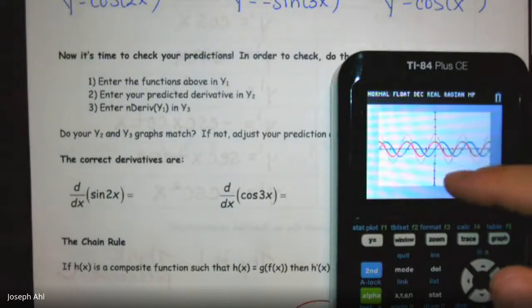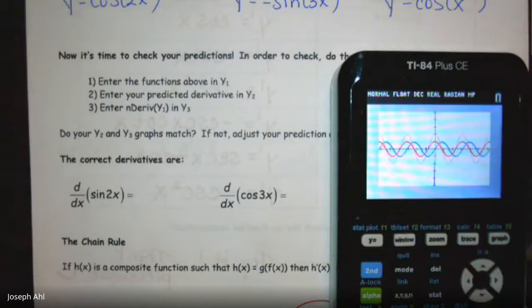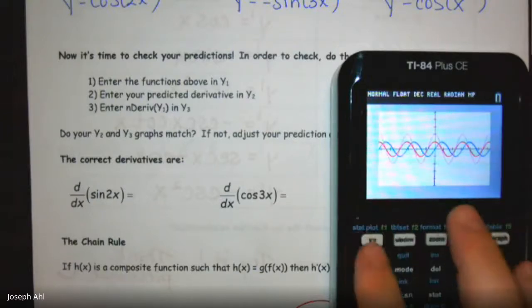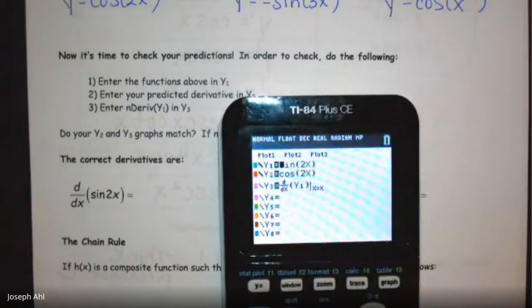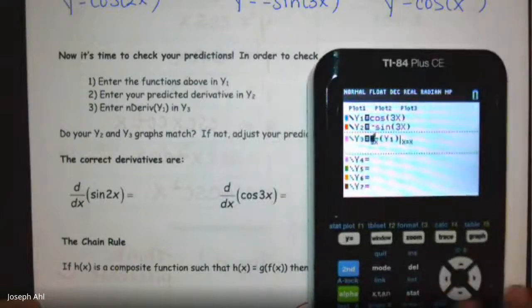Okay, we'll come back to that in a second. Let's adjust it for what we have in our second guess for cosine of 3x. If I switch this to cosine of 3x, our guess was negative sine of 3x. We don't have to change what we had for y3, because that's just going to take the derivative of what we now have as our new input to y1.